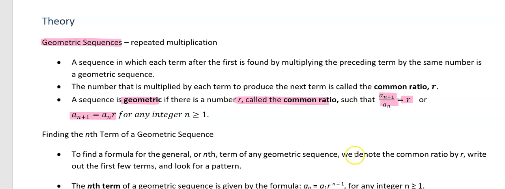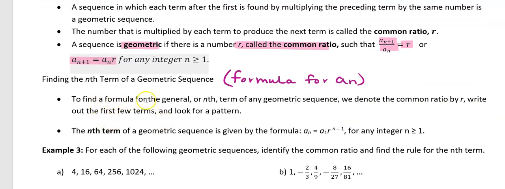So, to find the nth term of a geometric sequence, so again, this is just the formula for your a sub n if we're dealing with a geometric sequence, is to find the formula for the general or nth term of any geometric sequence. We denote the common ratio by r, write out the first few terms, and look for the pattern.